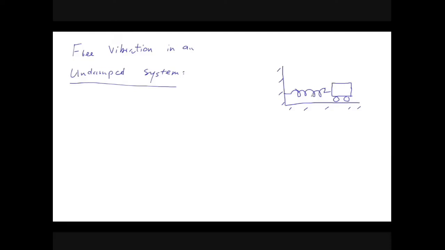If it is an undamped system, it will only have a stiffness, and it will not have the dashpot to represent the damping in the system. So we just have only stiffness here. This is stiffness here. Okay, and a mass.